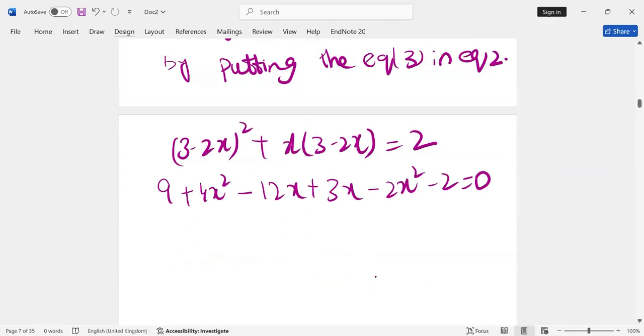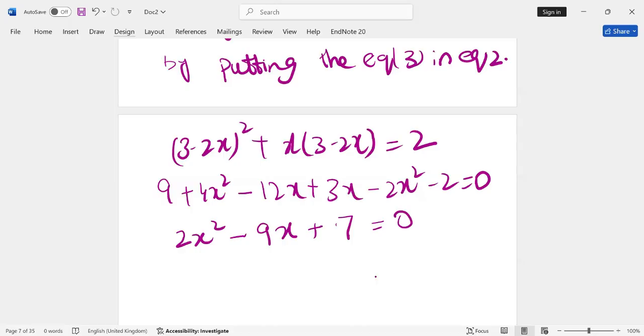Now simplifying, we have 2x squared, minus 12x plus 3x, which gives minus 9x, and plus 9 minus 2, which is 7, equals 0. This is the equation after simplification.